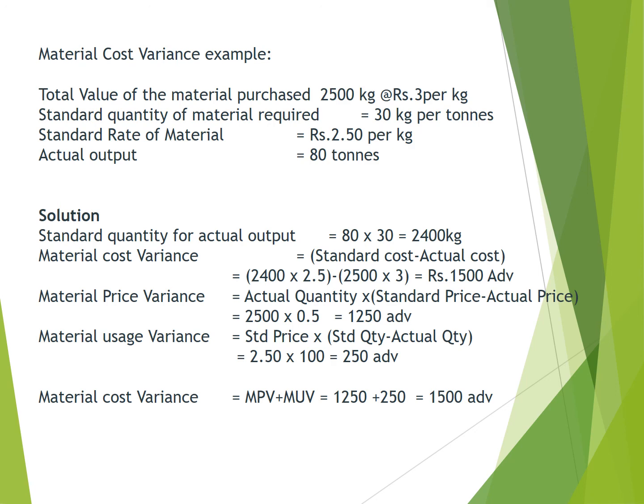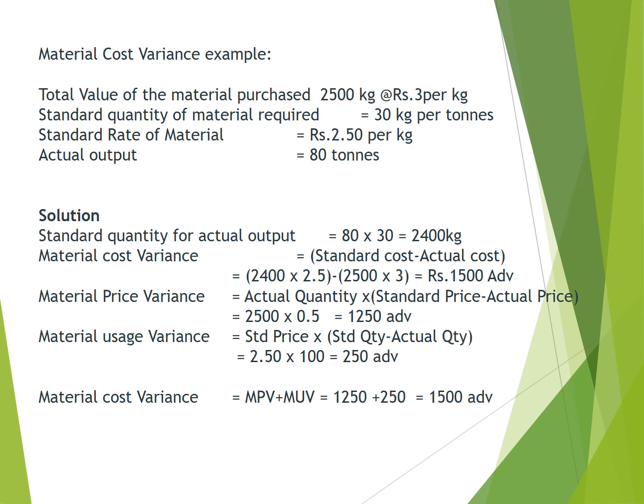Next, material usage variance. Standard price into standard quantity minus actual quantity. Standard price is 2.50. Standard quantity is 2400, actual quantity 2500. So there is a 100 kg difference. So 2 rupees 50 paisa into 100, 250 rupees adverse. So we can check the material cost variance again.